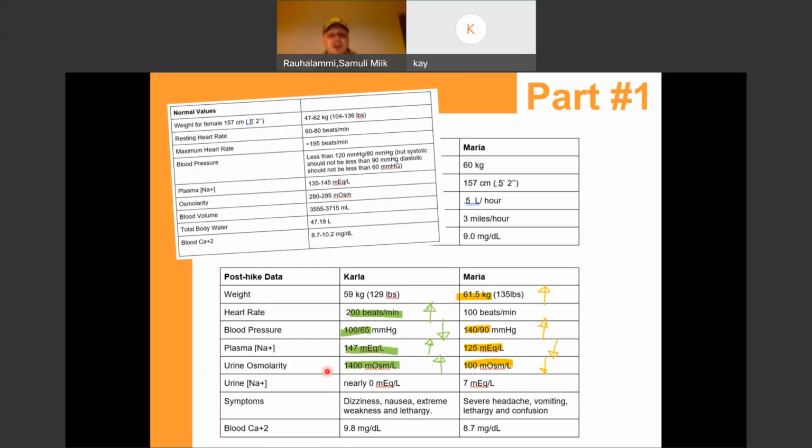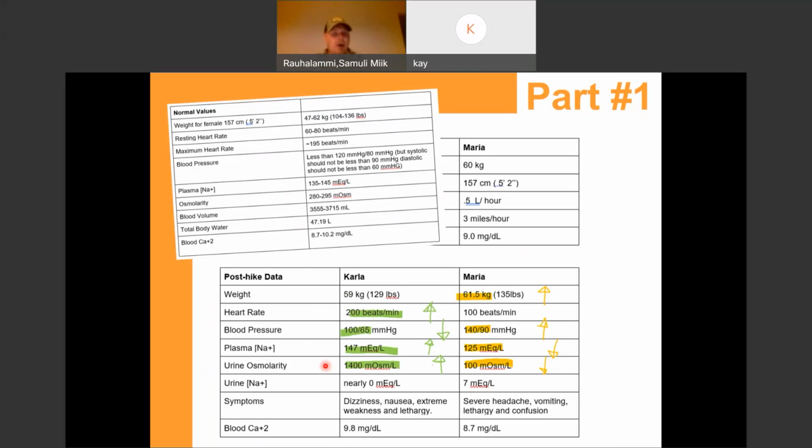If we look at the urine osmolarity, a normal urine osmolarity would be somewhere between 280 and 295. In the case of Carla, that's actually 1400. So that's definitely an elevated value. Again, you would just mark those, and that would serve as having spotted some abnormal values for Carla.